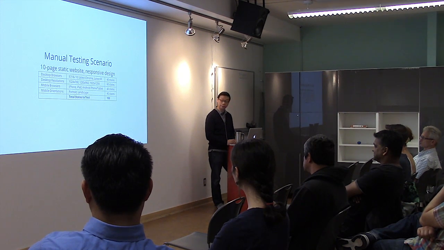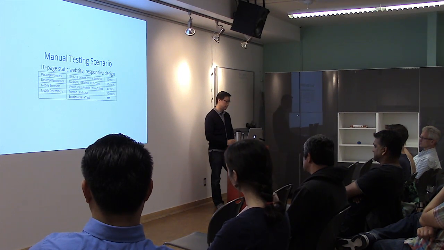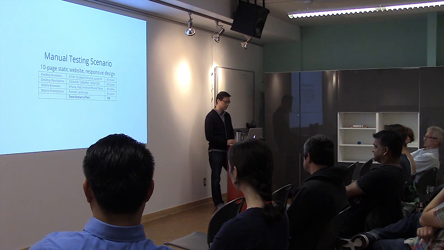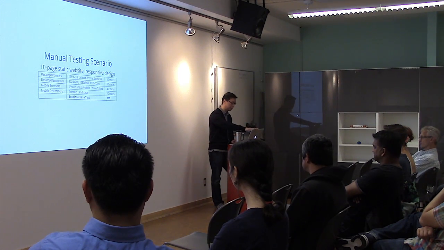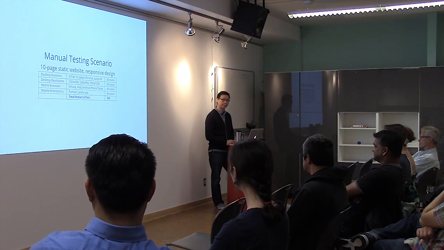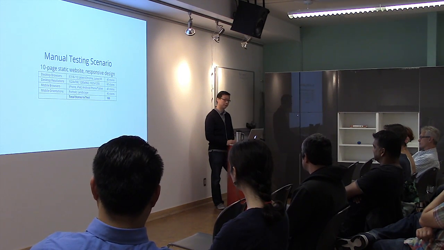As you can see here, we're supporting IE9, 10, the latest version of Chrome, the latest version of Firefox. We're supporting several desktop resolutions, as well as mobile browsers, as well as different mobile orientations. And so this very simple 10-page static website has suddenly gone to 180 different states that someone needs to test if they want to actually have full test coverage.